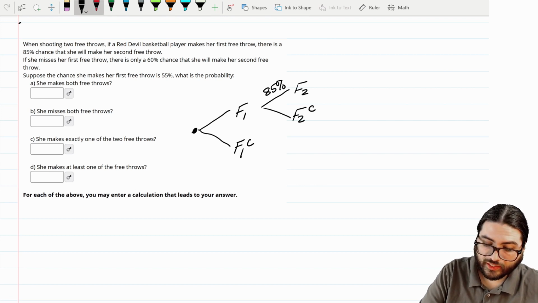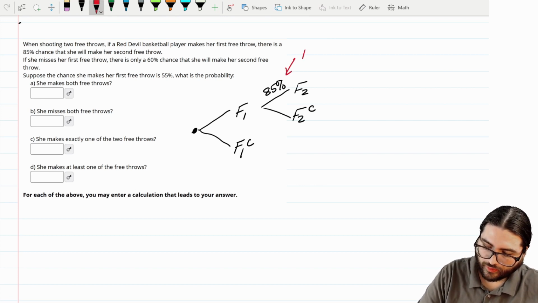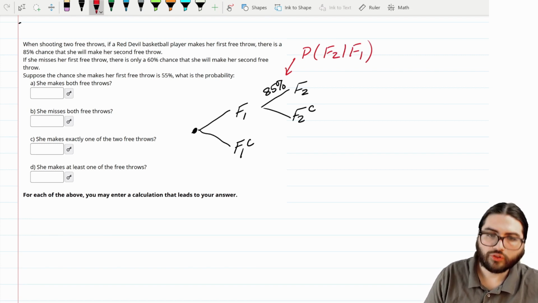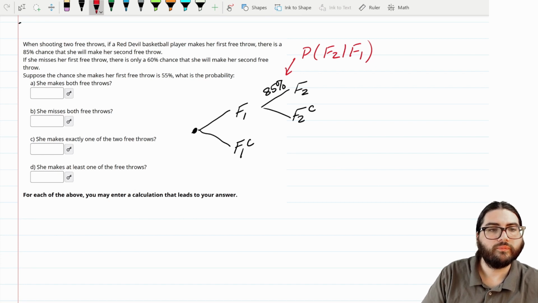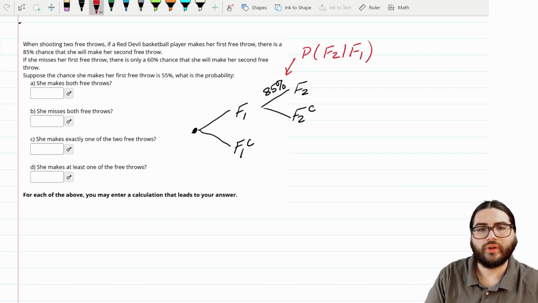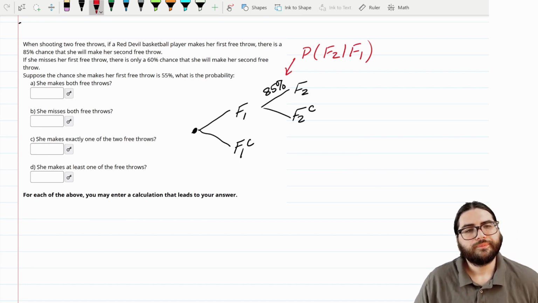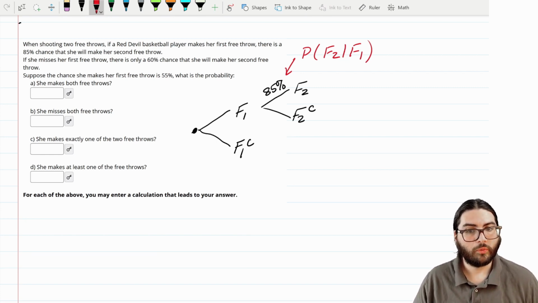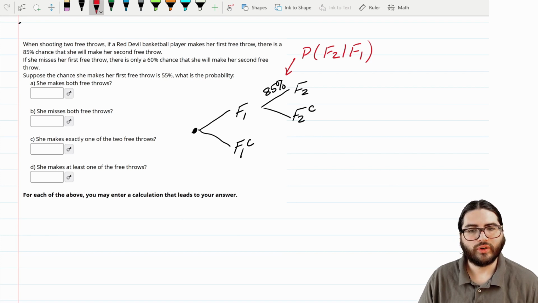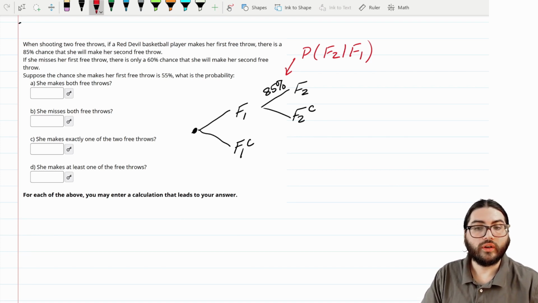And that's the conditional probability, right? That's conditional on you making the first one, the probability that you also make the second one. That's why we set up the tree this way. And because I'm given these conditional probabilities, it would be really hard to express this same information directly in a Venn diagram or a table.